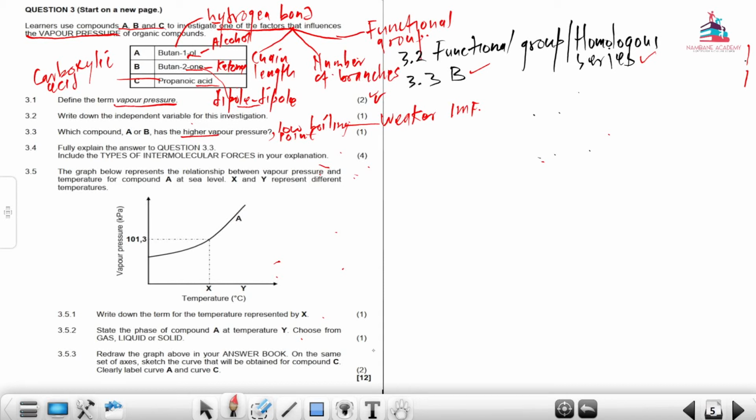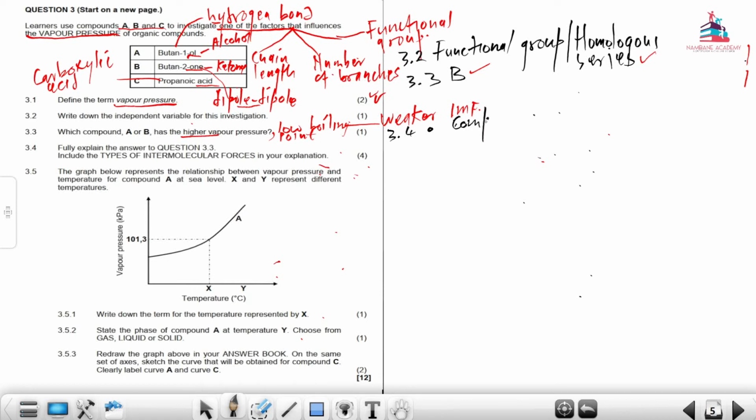So we are going to say now at 3.4, bullet number 1, we say we have compound A. Compound A is an alcohol. It has hydrogen bonding.